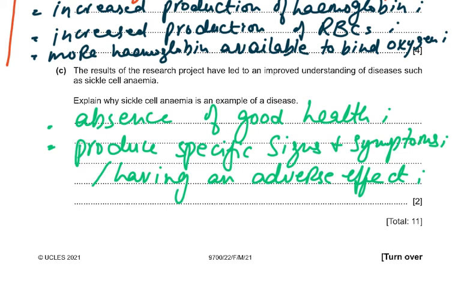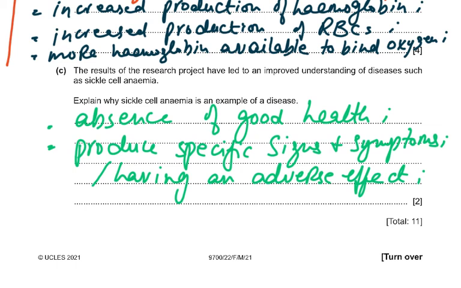And number two, it produces specific signs and symptoms. Like if you have a flu, you're going to suffer from sneezing and fever and joint and body aches. But if you have malaria, you'll suffer from anemia, and you'll have high temperature with sweating and shivering. So every set of diseases has different signs and symptoms.